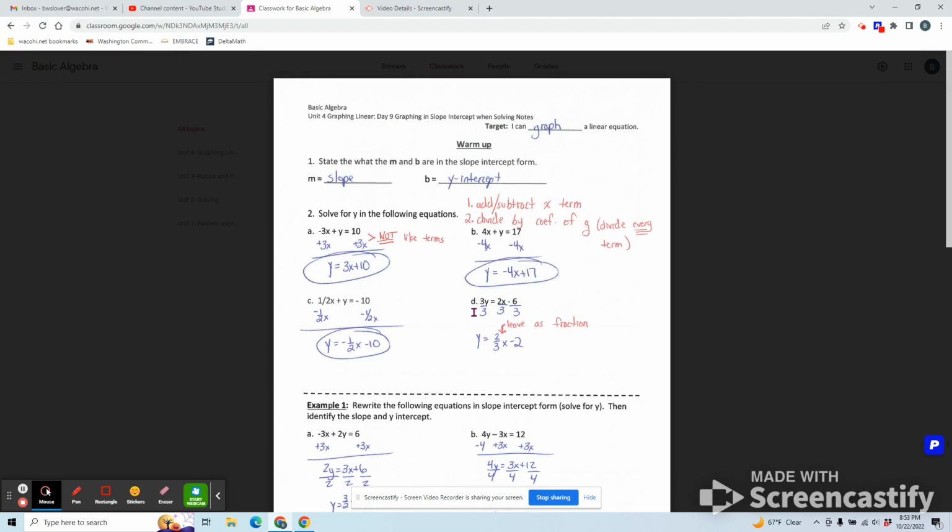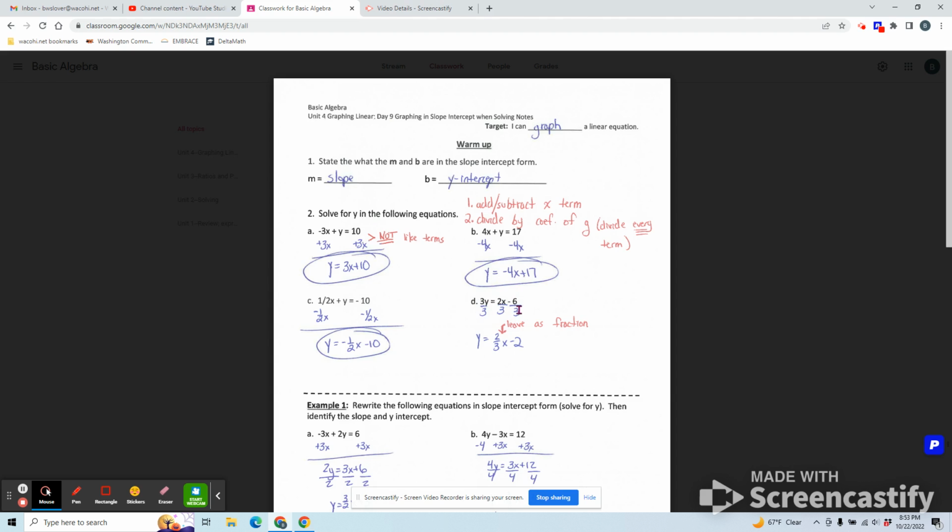Now letter D is different. Step 1 says add or subtract the x term. Well, there is no x term over here. It's just 3y. So that means we skip step 1 and we go straight to step 2 where it says divide by the coefficient of y, and we divide everything. What I mean by everything is literally that. So 3y divided by 3, 2x divided by 3, negative 6 divided by 3.